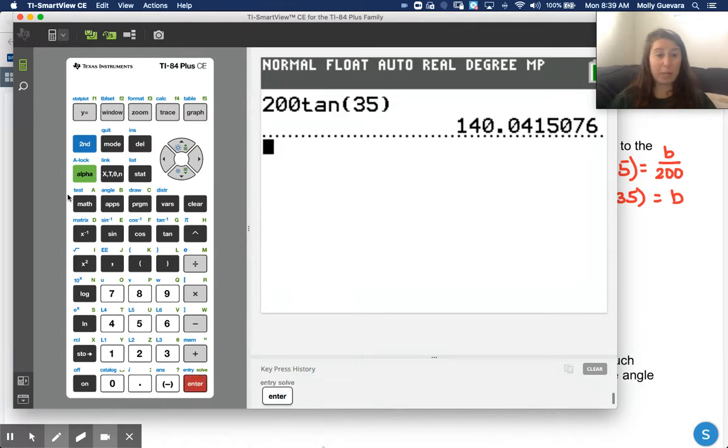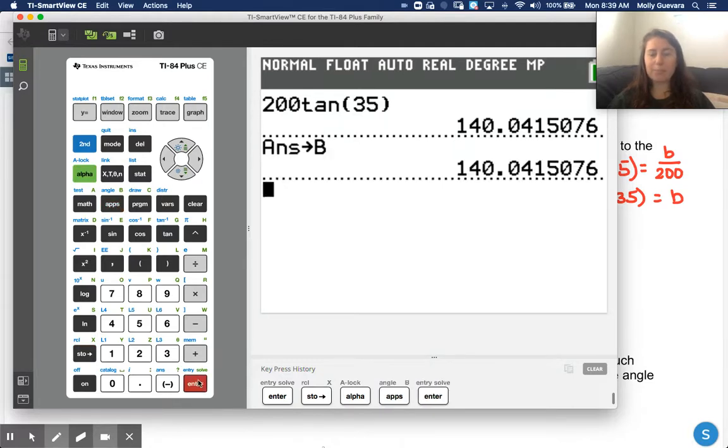So there's B, and I'm going to store it under alpha B and hit enter. Now, on the next problem, if I have to store another number under B, totally fine. You can replace B as much as you want, or you can replace A as much as you want, okay? So I'm just storing it under here for this problem, and then if I choose to store numbers for another problem under the same letters, totally fine.